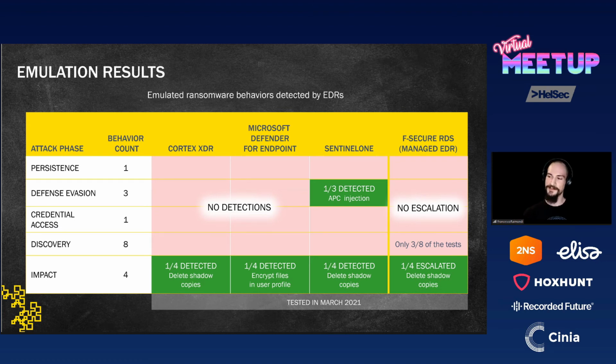And the very interesting thing here is that the vendor identified the attempt of encrypting files and folders as a generic Cobalt Strike detection, which was really weird because we didn't use Cobalt Strike or any form of beacon at all when we ran this test. So we were basically just invoking the executable through the command line by passing the option to encrypt files and folders. So there was no Cobalt Strike or beacon involved. And this was really weird. And I kind of missed the logic of why that is.